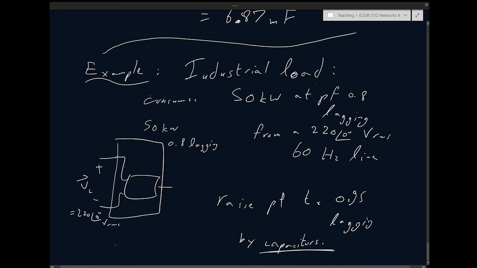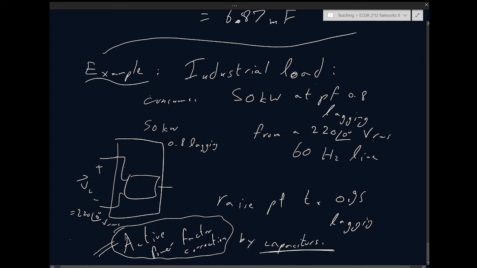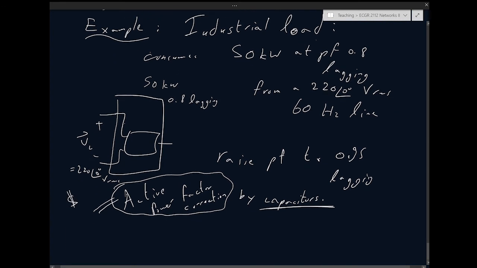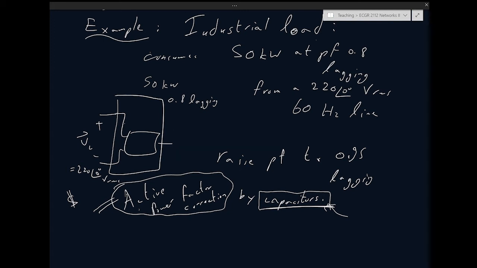There are ways to do what's called active power factor correction, where you have a device that has switches in it that's continuously switching. That's a more complicated affair, more expensive and less reliable because the switches could fail. What I'm trying to say is that capacitors are the most straightforward method of doing power factor correction, but they're not the only method.